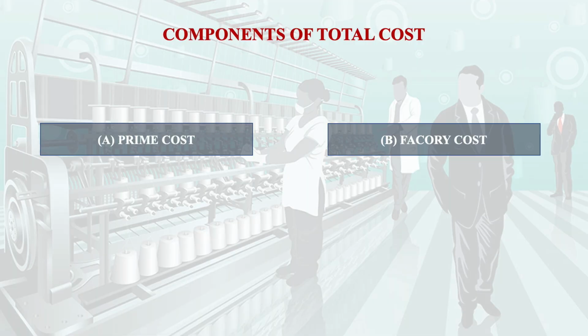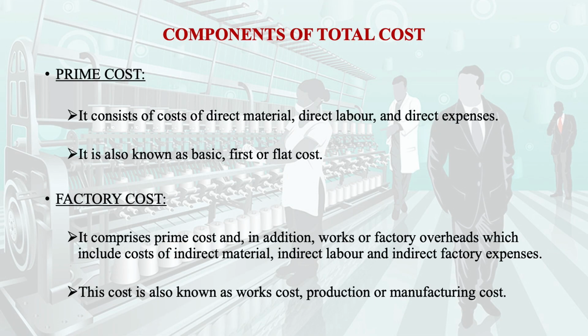Another component of the total cost is the factory cost. It comprises prime cost and in addition works or factory overhead, which includes the cost of indirect material, indirect labor and indirect factory expenses. This cost is known as work cost, production or manufacturing cost.